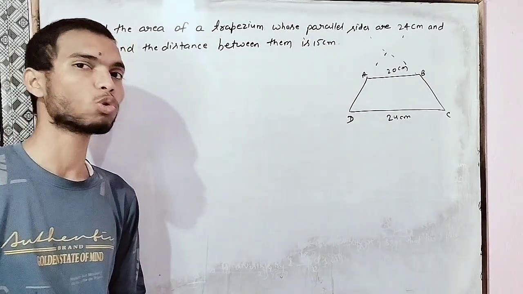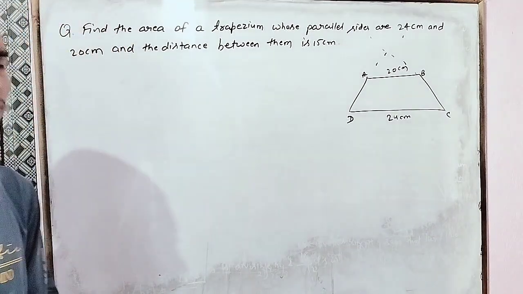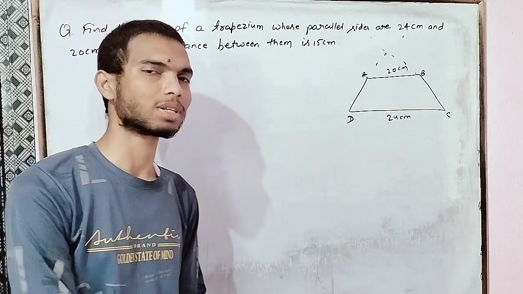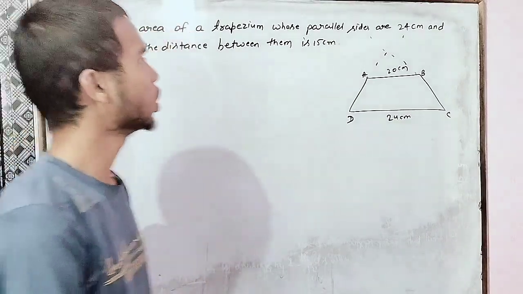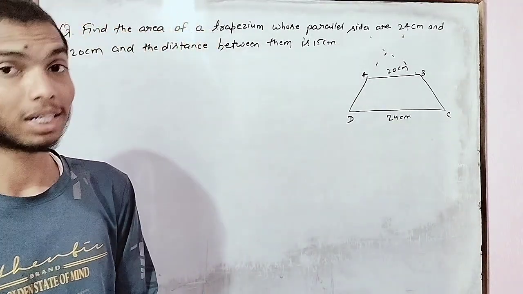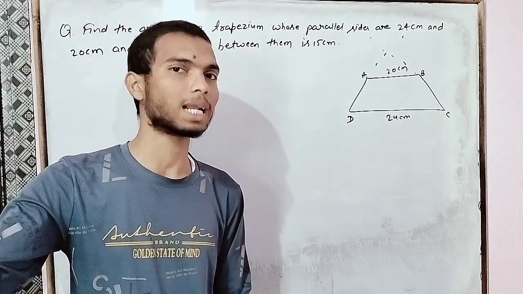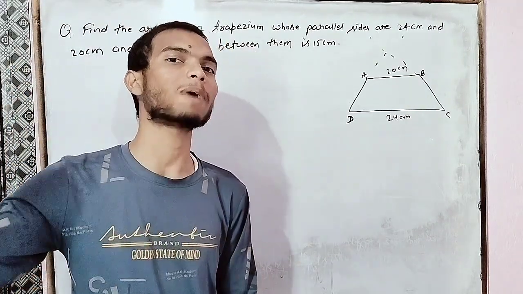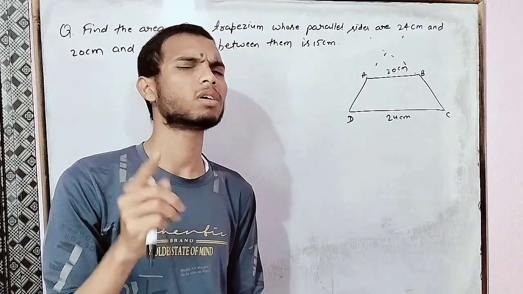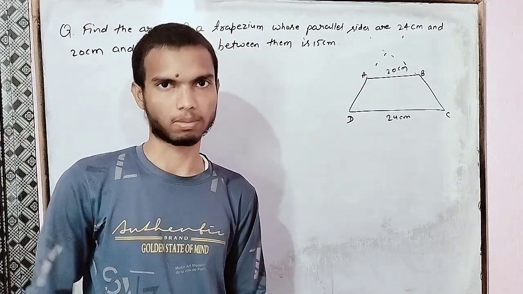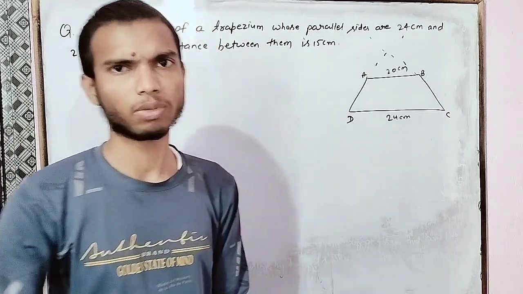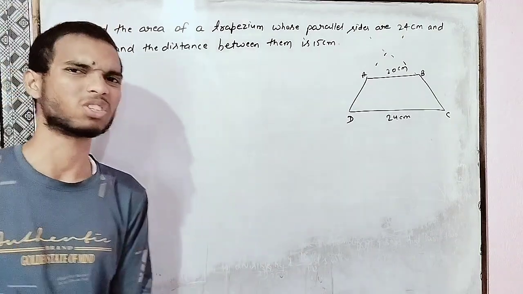If two lines intersect each other, we can't call them parallel lines. So the minimum understanding of a trapezium is that one pair is parallel lines, but the second pair is non-parallel lines. This is the meaning of a trapezium. This is how we make a figure of a trapezium shape.